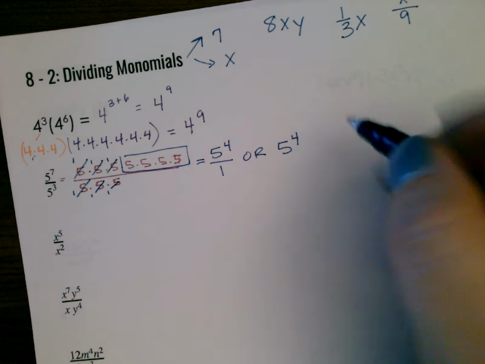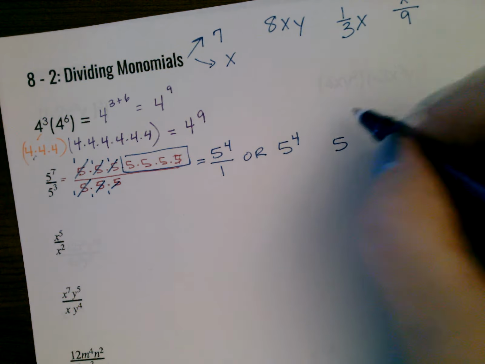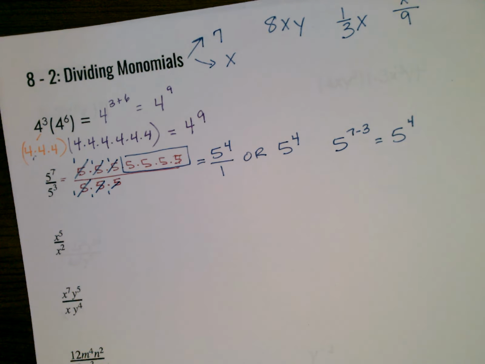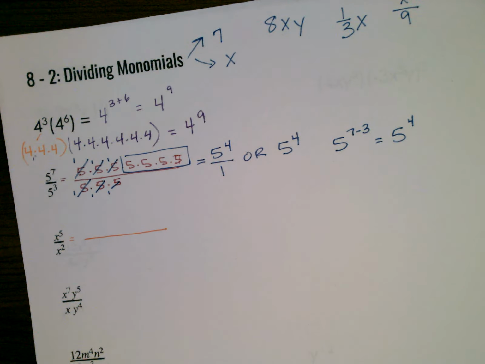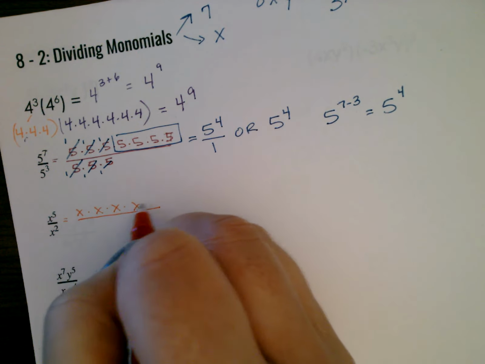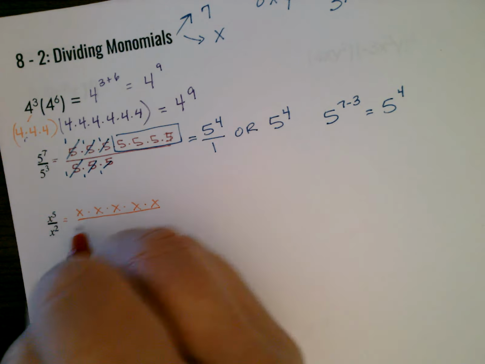Another way to look at it is I could do 5 to the 7 minus 3, 5 to the 4th power. The same will be true when it comes time to divide with variables. X to the 5th, remember, is the same as having 5 x's being multiplied together.